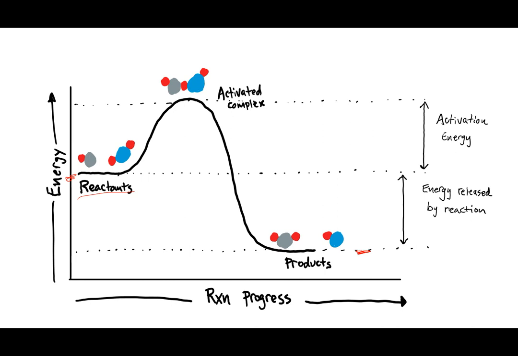Here's our activated complex up here. This difference right here is known as the activation energy. That's the energy that is required to produce the activated complex. You have to have sufficient energy to make this. And then this difference down here is the energy released by the reaction. That is the difference between the reactants and the products.